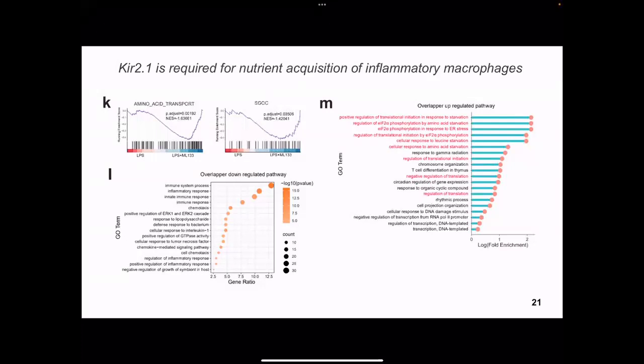More importantly, we found the common upregulated genes were particularly enriched in pathways including response to starvation. So this data suggests a critical role of KIR2.1 in nutrient acquisition to feed the metabolic underpinnings of inflammation.